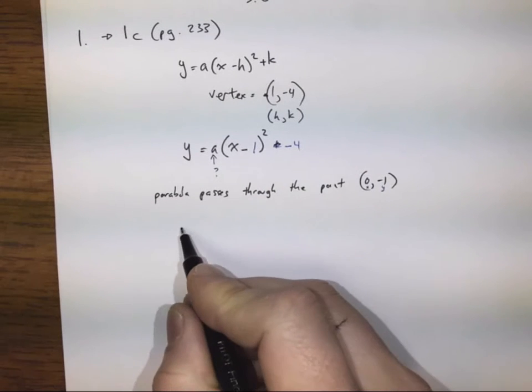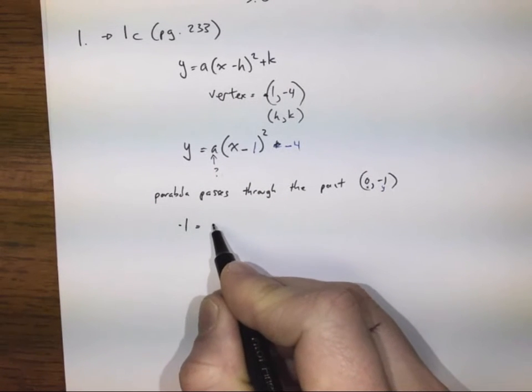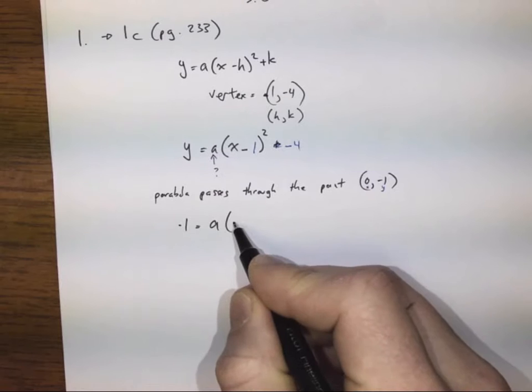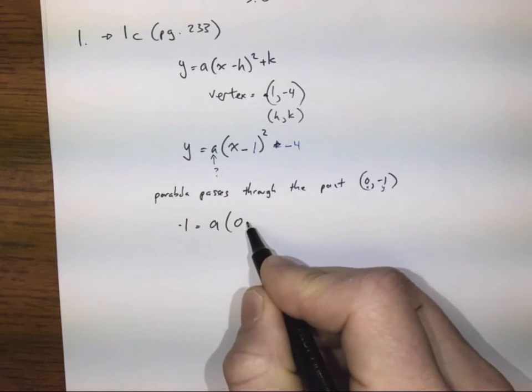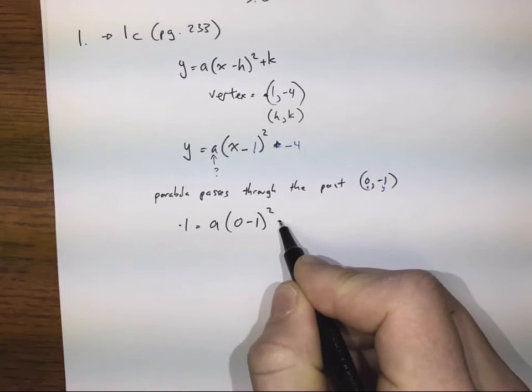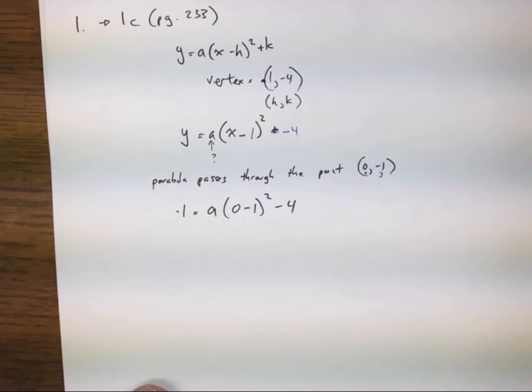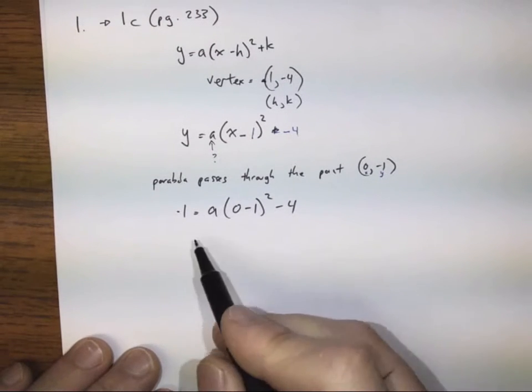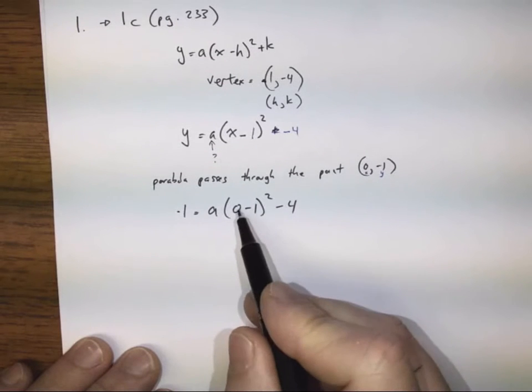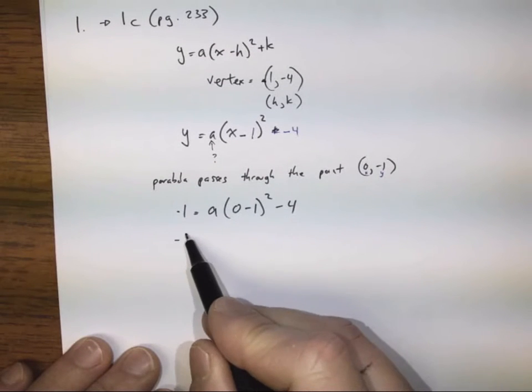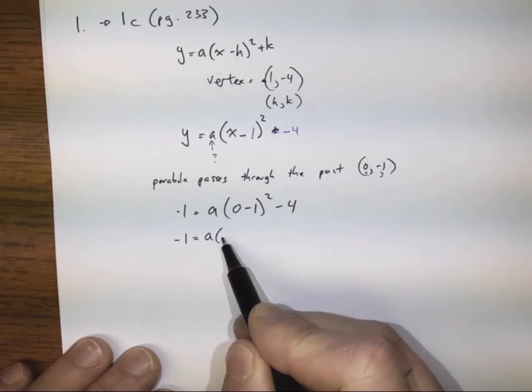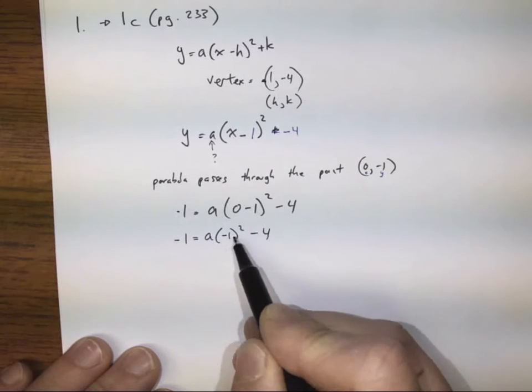So I'm going to plug in y is -1. A doesn't change, and instead of x, I'm going to write 0, take away 1, squared, -4. And that's fine. We're going to solve for A. Before we do any algebra, we should do any simplification we can. So in the brackets here, we have -1. And then we're going to square that value.